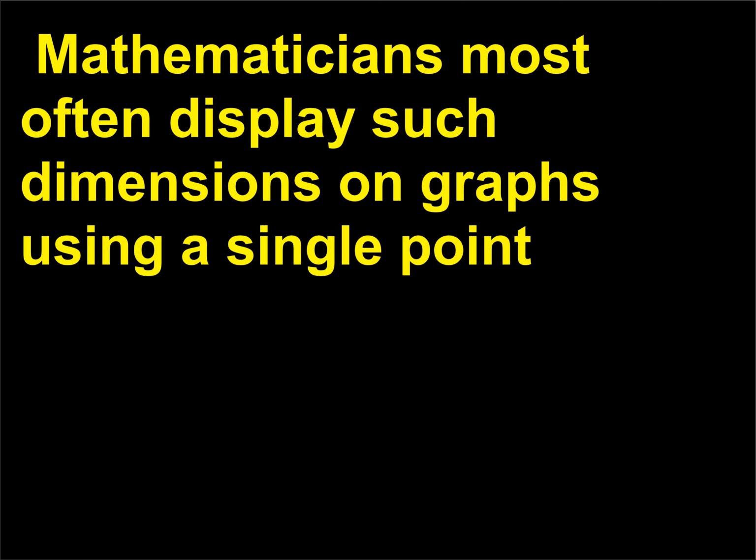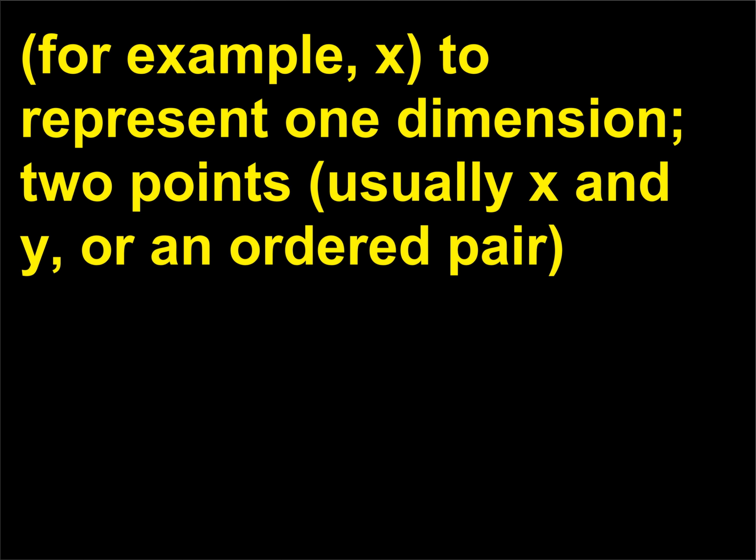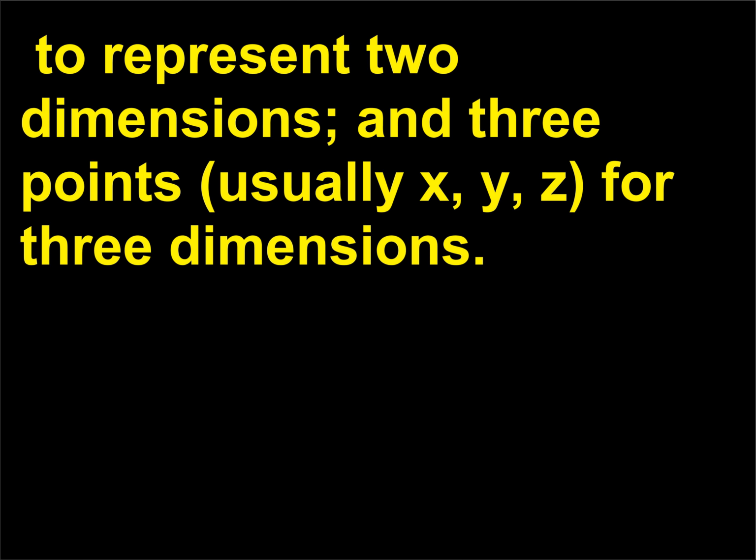Mathematicians most often display such dimensions on graphs using a single point, for example x, to represent one dimension, 2 points, usually x and y, or an ordered pair, to represent 2 dimensions, and 3 points, usually x, y, z, for 3 dimensions.